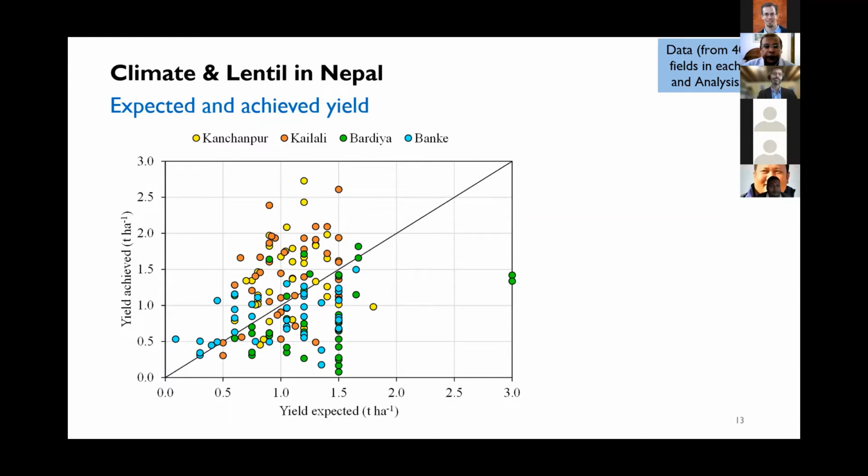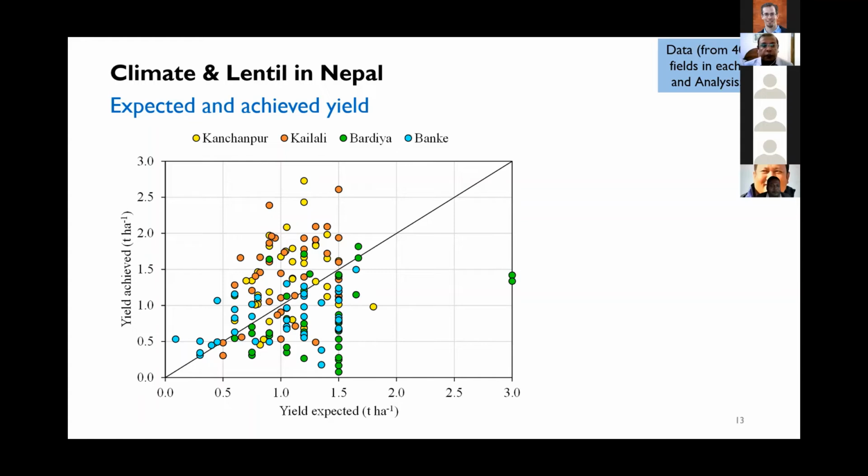Okay, next please. The other thing is this figure shows how changing in-season weather patterns influence farmers' yield in the four target districts here. If the achieved yields had lined up with the diagonal line, the yield expectation of the farmers would have been totally realized. But it doesn't happen regularly.